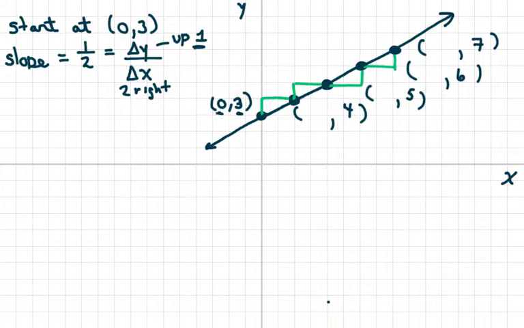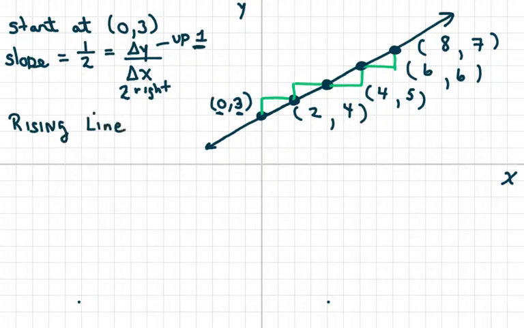I started at 0 on the x, and I'm going 2 to the right every time. So 0, 2, 4, 6, 8. Okay. And again, I notice in this example, I have a rising line.